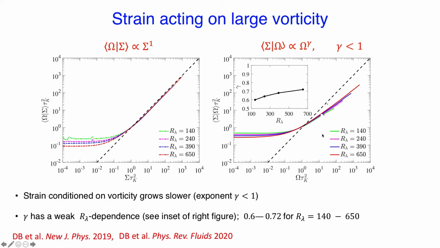So what this tells us is that the strain acting on vorticity is in fact weaker, which we were expecting based on the earlier result. This exponent gamma also changes very slightly with Reynolds number. As shown in the inset, it goes from 0.6 to 0.72 over this range of Reynolds number, which I'll show is important a bit later.